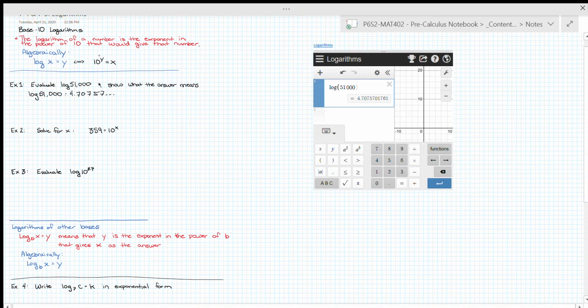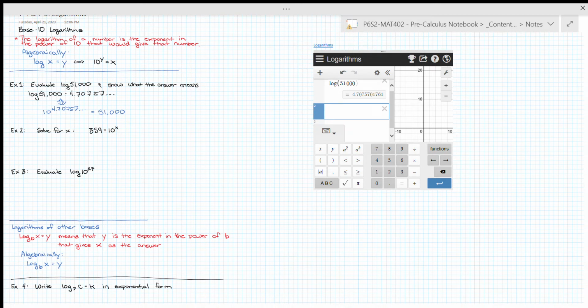It's the exponent in the power of 10 that would give me 51,000 as an answer. Another way to write this, synonymous with saying that, is 10 to the power of 4.70757... is equal to 51,000. It found that exponent in the power of 10 that would give me that as an answer.